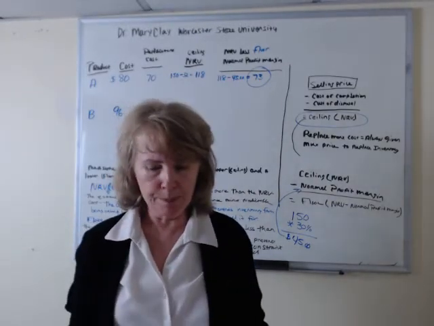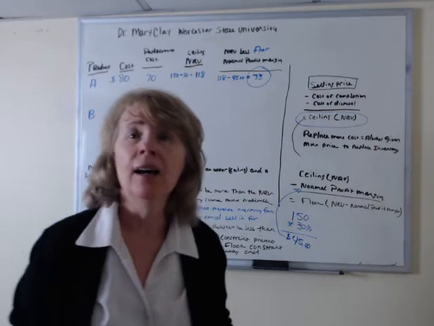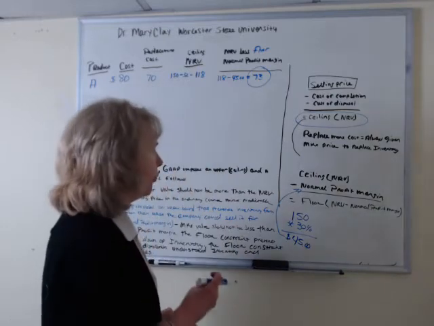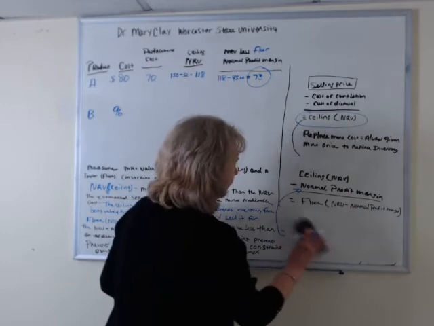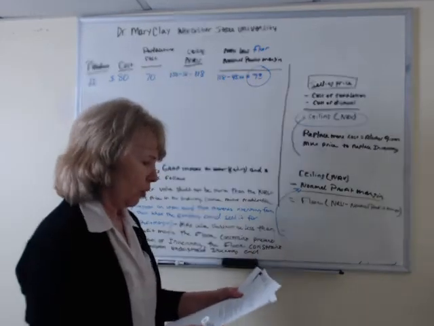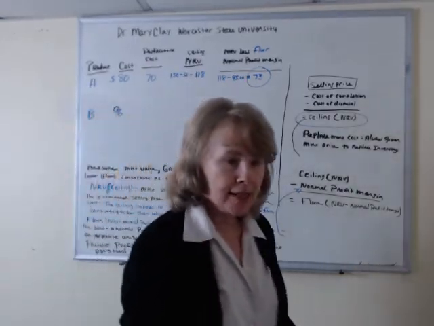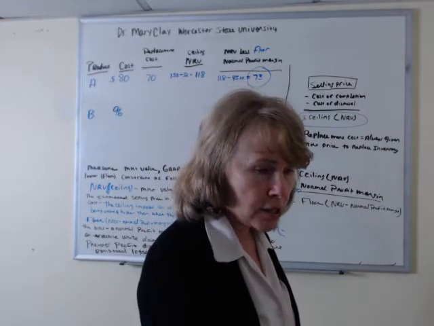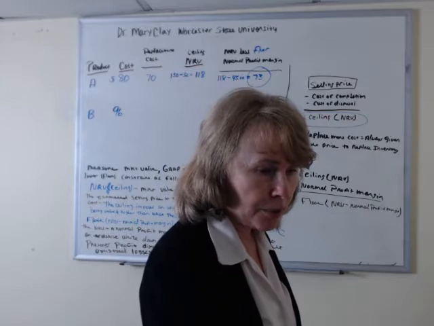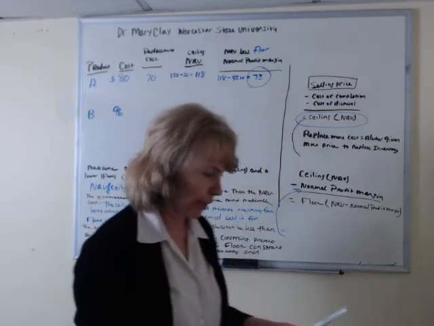Now let's work on B. Again, we have to figure out the market. So I'm going to erase, because this is going to be different. What it says is 30% of the selling price. So what is the selling price for B? The selling price for B is 200.